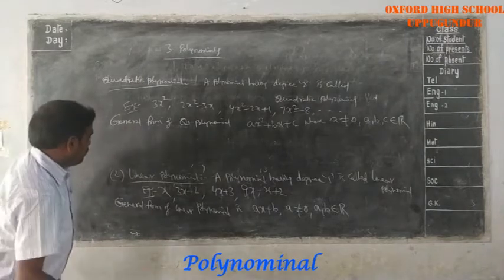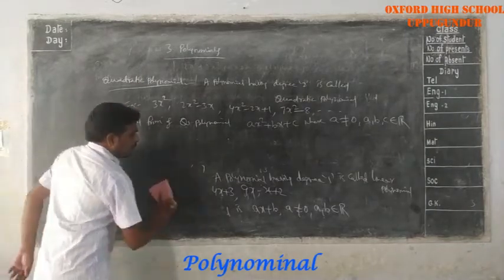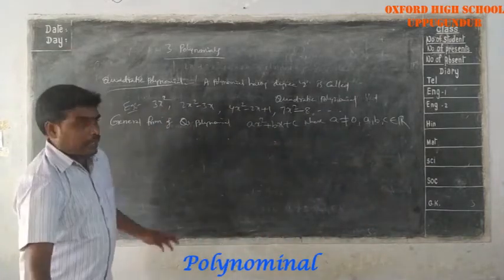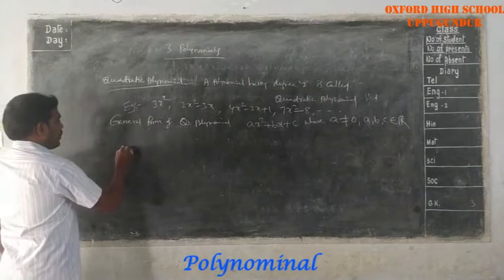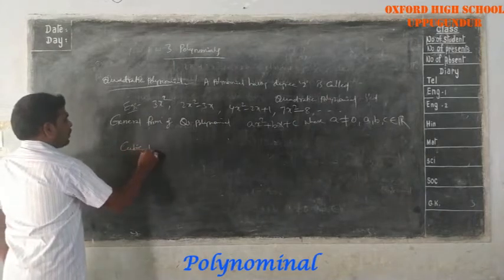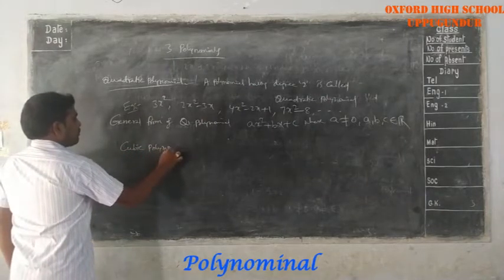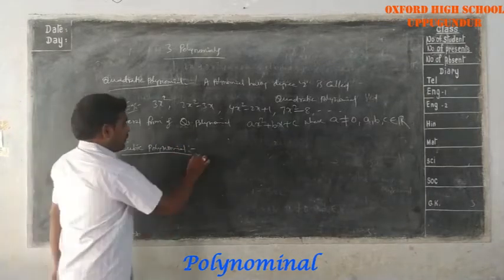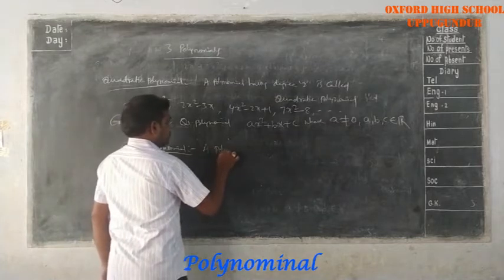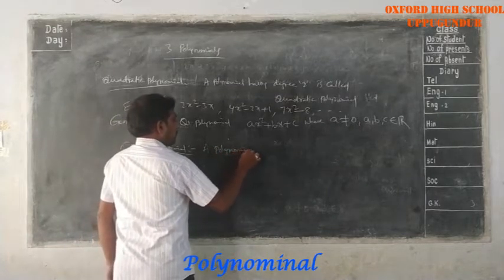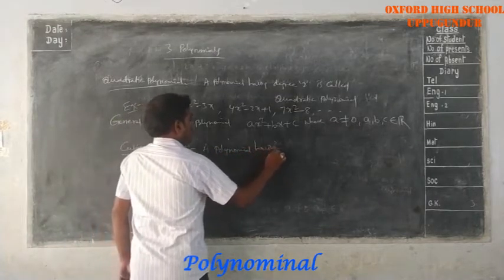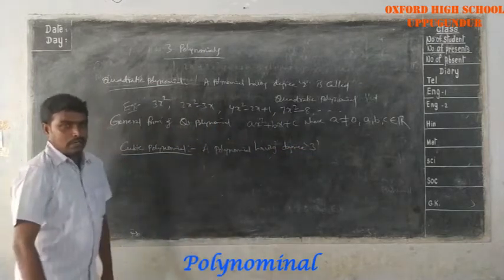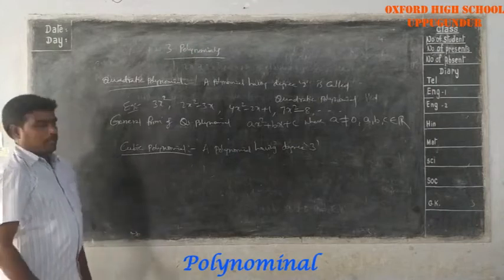Next, if we have a polynomial having degree 3, it is called cubic polynomial. A polynomial having degree 3 is called cubic polynomial.